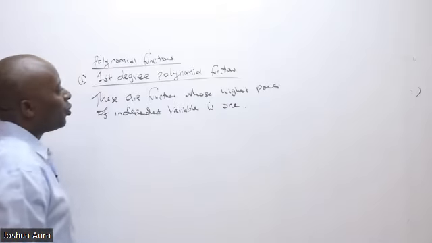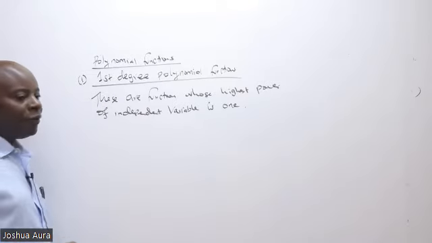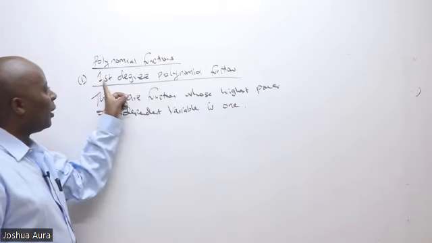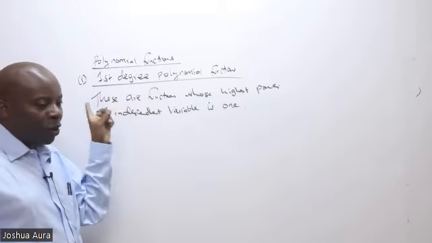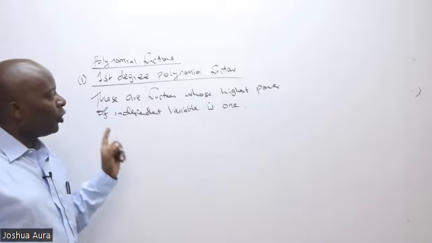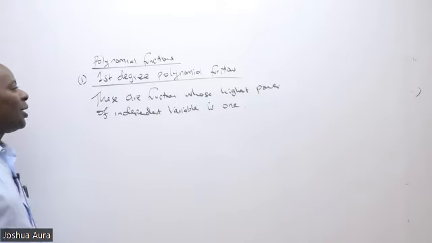All those functions whose highest power of the independent variable is 1 are called first degree polynomial functions.